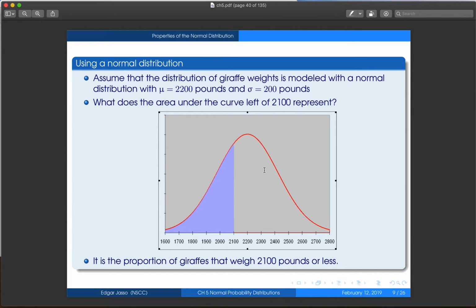Something to clarify, and this sometimes comes up, is that here less than or less than or equal is not important, because you're thinking about this area. If you include 2100, the line is solid; if you exclude it, it would be a dotted line, but you're not changing the area to the left. So less than or less than or equal is not important for this way of thinking.